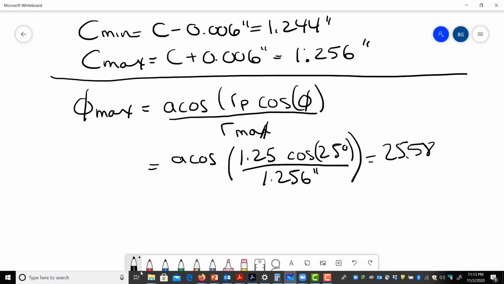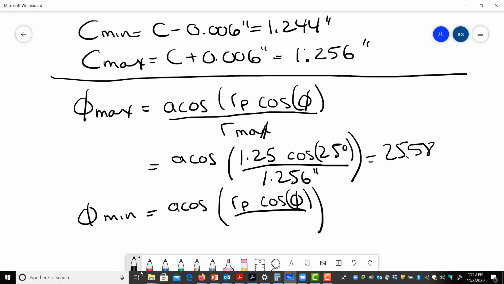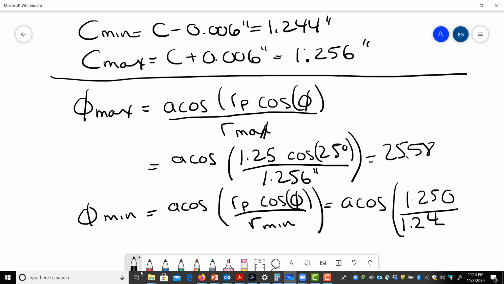So that's going to be our max, and our phi min is going to equal A cos of RP cos phi over R min, equals A cos of 1.250 over 1.244 times cos 25 degrees.